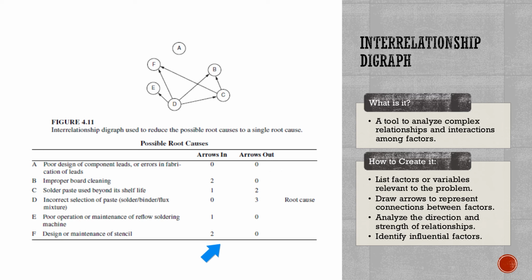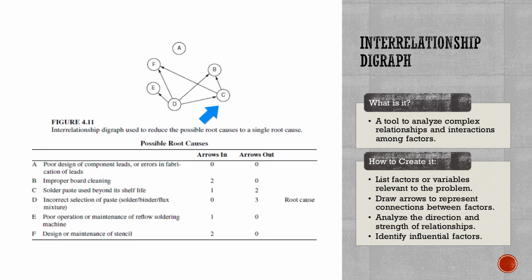For example, if we look at point D here, D has 1, 2, 3, 4 arrows out, so we stated 4, but here is 3, maybe there is a problem here. And then for D we see there is no arrow in, so 0.